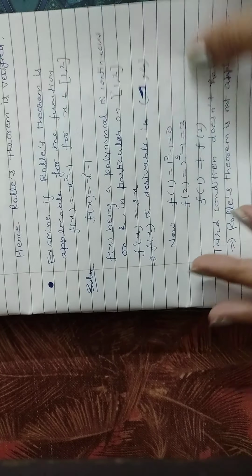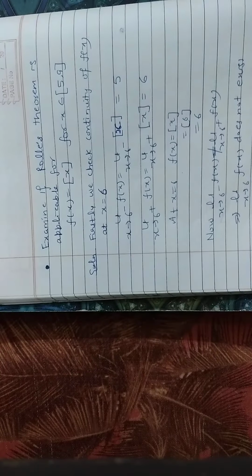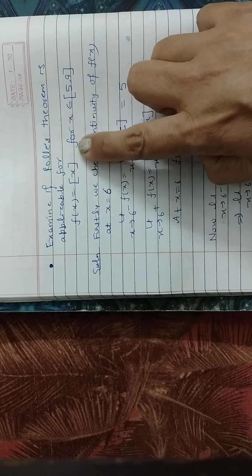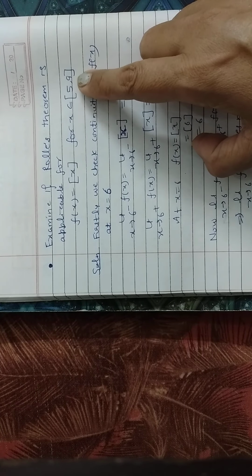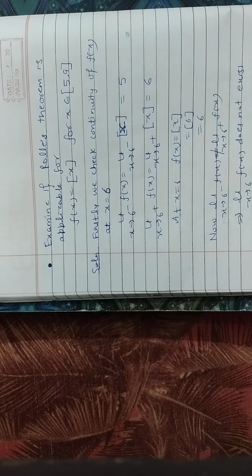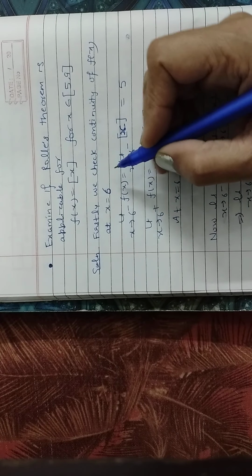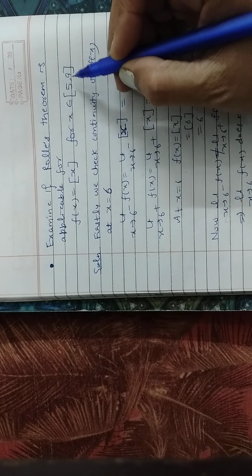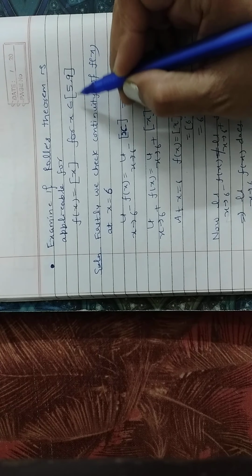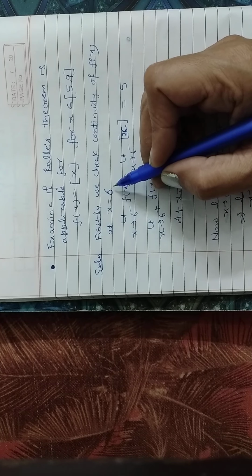Clear? One more example is this. Suppose this greatest integer function is given to you, x belongs to [5, 9]. This closed interval is 5 to 9. So firstly we will check its continuity, and suppose we check its continuity at the point 6.